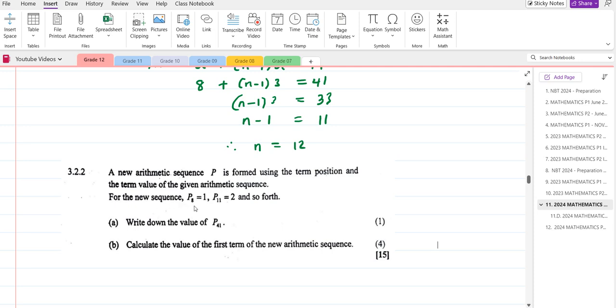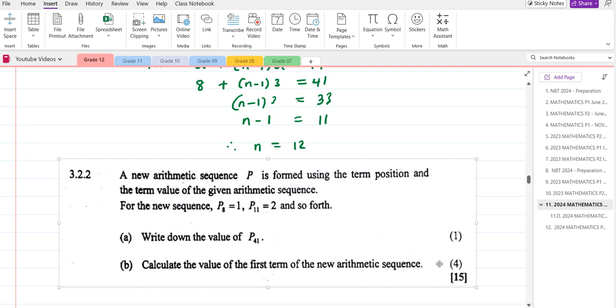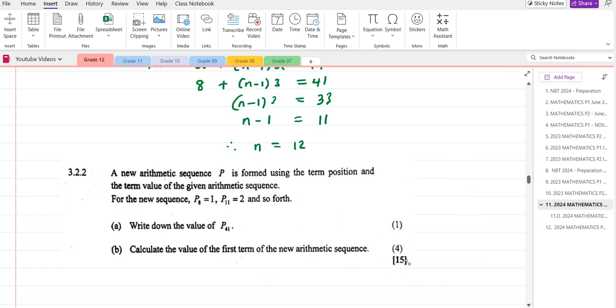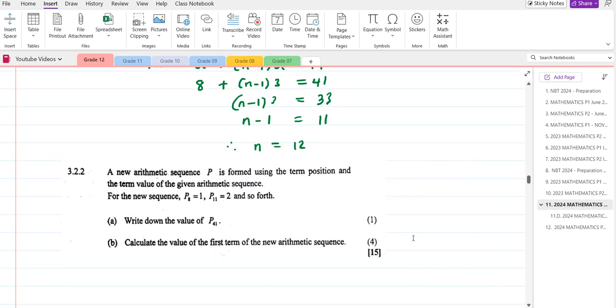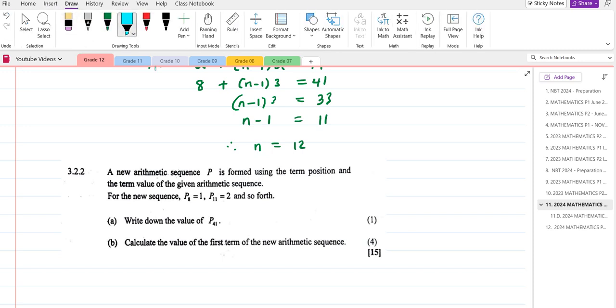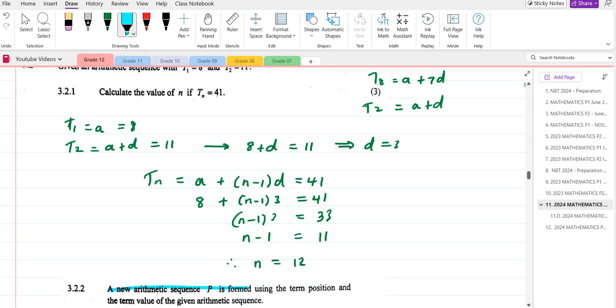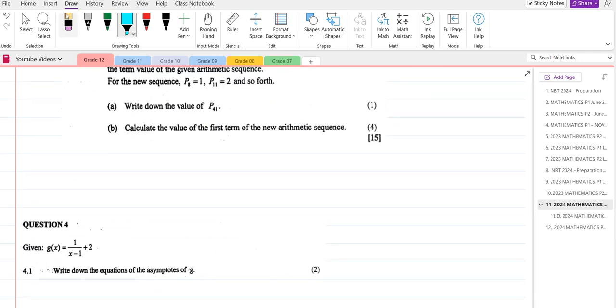For the new sequence P, whoa, what is this? P8 is 1 and P11 is 2.